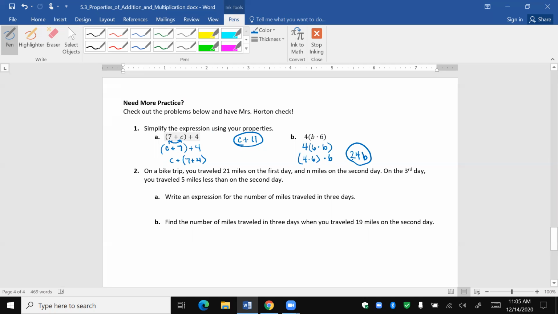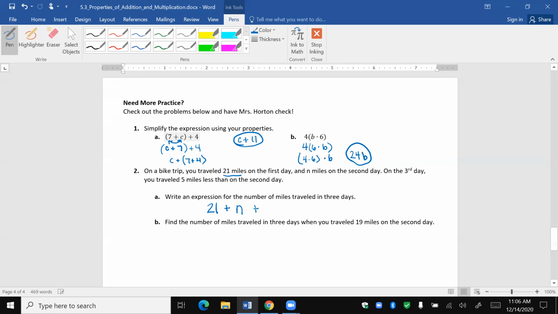For number 2, it says on a bike trip, you traveled 21 miles on the first day, and N miles on the second day, and on the third day, you traveled 5 miles less than on the second day. So a lot of different pieces here for each day. So A says write an expression for the number of miles traveled in 3 days. So the first day, you did 21. Plus the second day, you did just N, so some number.